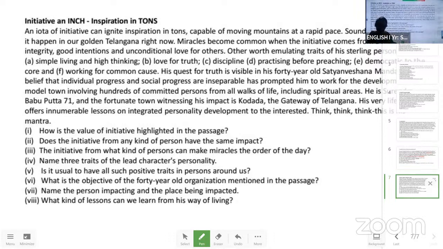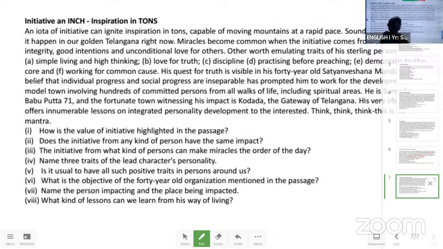An item of initiative can ignite inspiration in tons, capable of moving mountains at a rapid pace. Sounds incredible, isn't it? See it happen in our golden Telangana right now. Miracles become common when the initiative comes from a man of integrity, good intentions, and unconditional love for others.